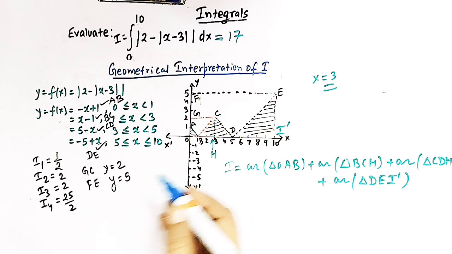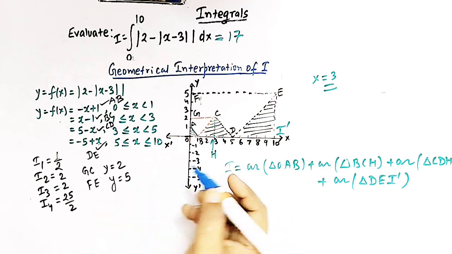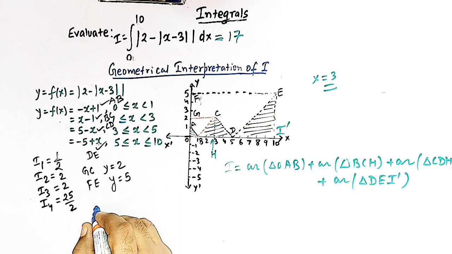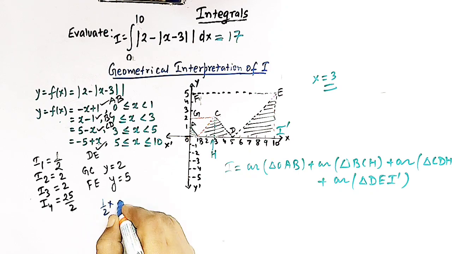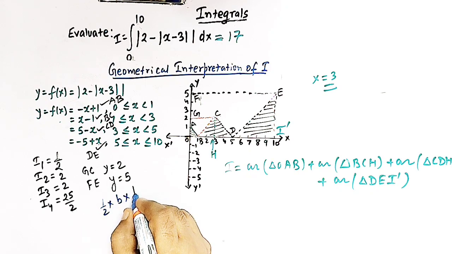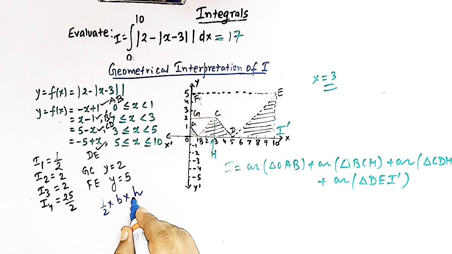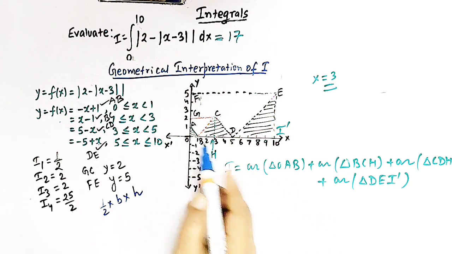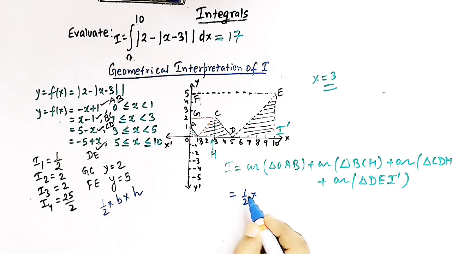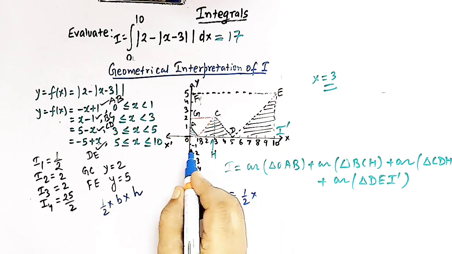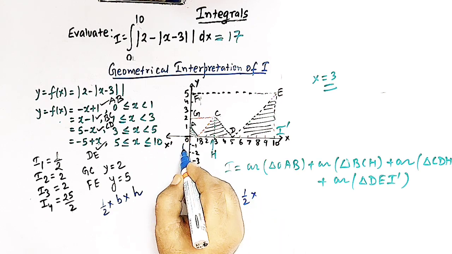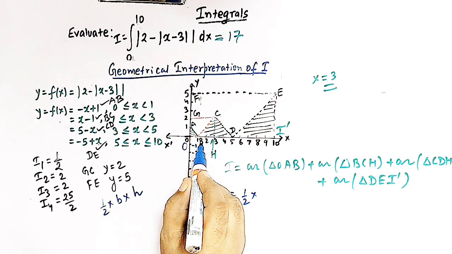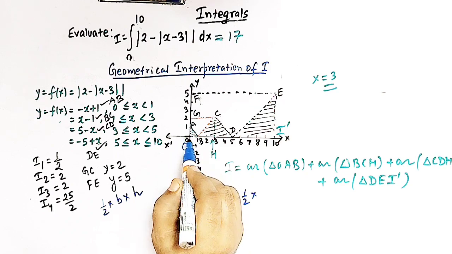To find the area of a triangle, we'll use the well-known formula, that is half base times height, that is the altitude. So here in the first case, area of triangle OAB is given by half. The base is if we take this origin as O, then OB, and the height is OA.